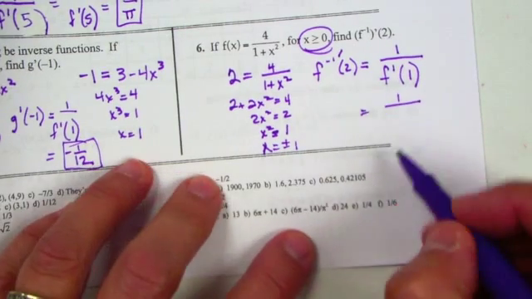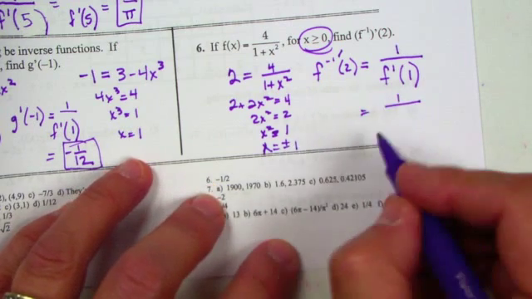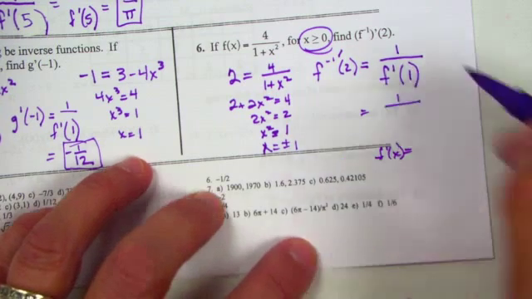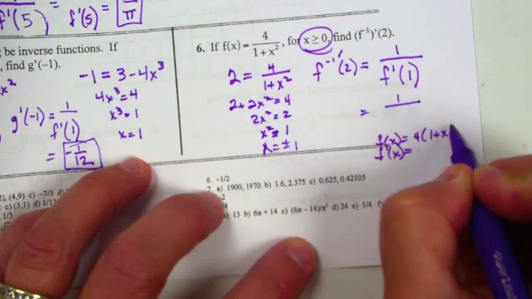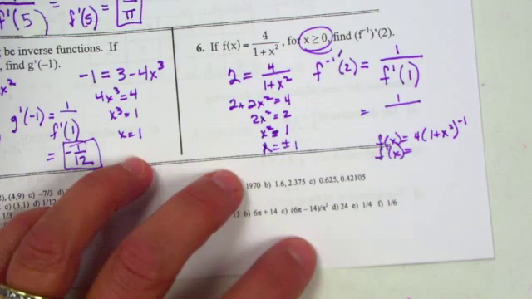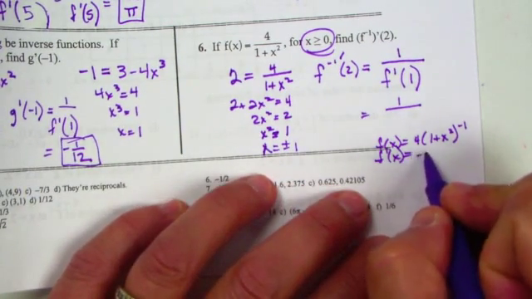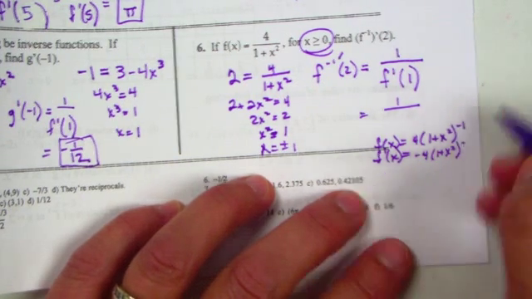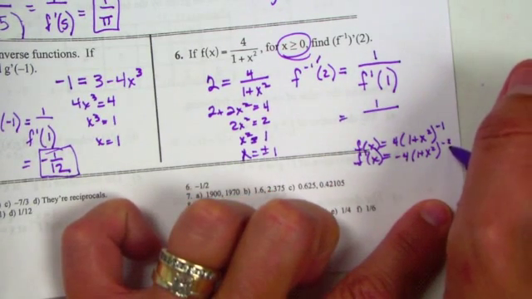Okay, so now I've got to do f prime of x. I'll go do it over here. So f prime of x, well, first I'll write that f of x is 4 times 1 plus x squared to the negative 1. So that's negative 4 times 1 plus x squared to the negative 2, times 2x.